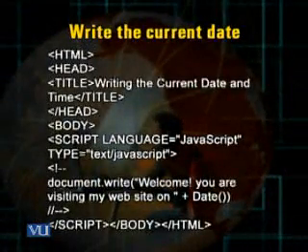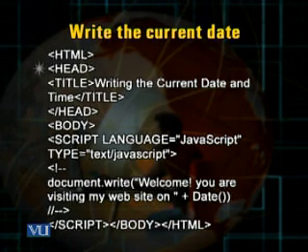You can see on the screen, I start with the HTML tag, there is a head tag, then a title tag, then the body tag. Within the body tag, I use the script tag, language JavaScript, type text/javascript, and then I use a document.write. In document.write, there is a string, "Welcome, you are visiting my website on".